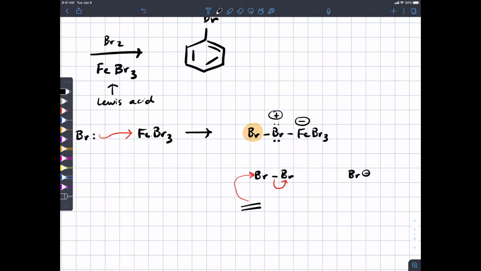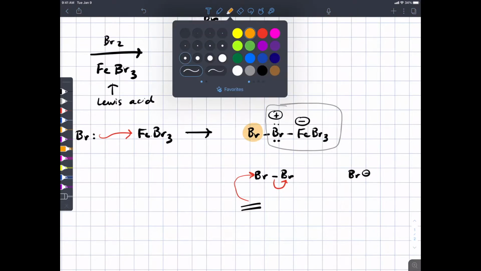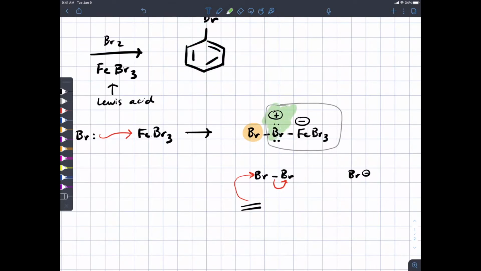Now, see what we're going to do here. You can imagine that if Br- is a good leaving group, that once that Br is coordinated to something else, this is even better of a leaving group. So green is for super good leaving group.